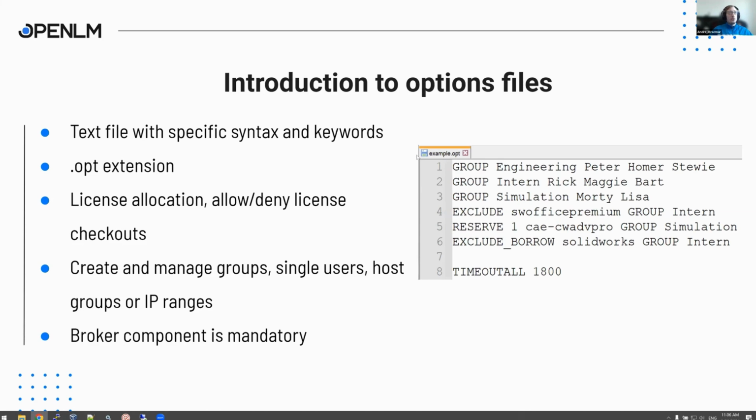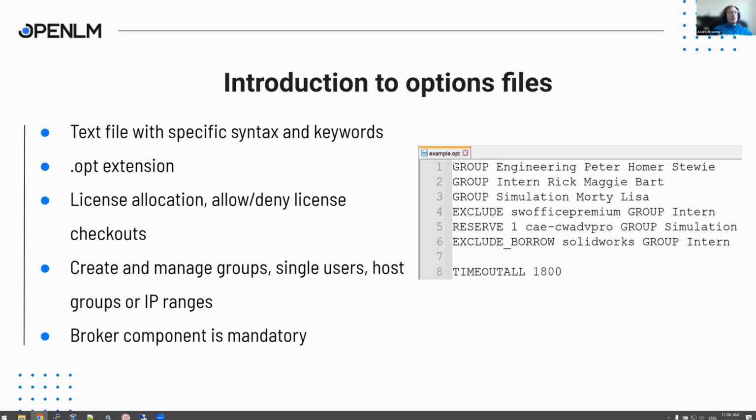That's the default extension for the option file. And the purpose of the option file is for license administrators to be able to manage the allocation of licenses, in some cases allow or deny access to specific licenses, either for single users, maybe groups of users, even groups of hosts, or full IP ranges.